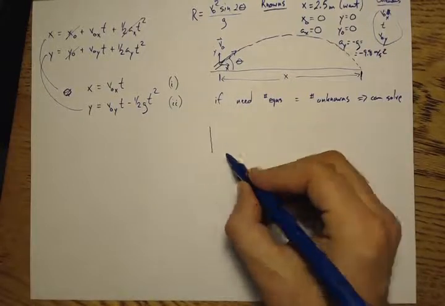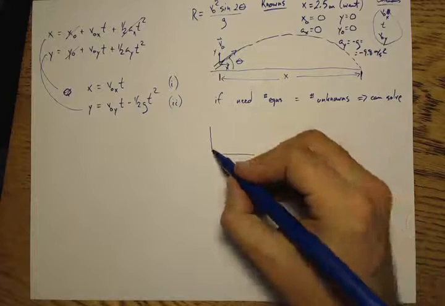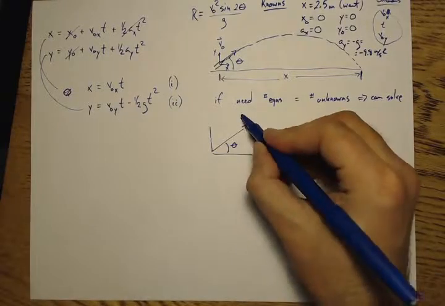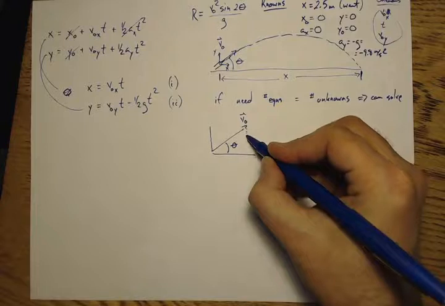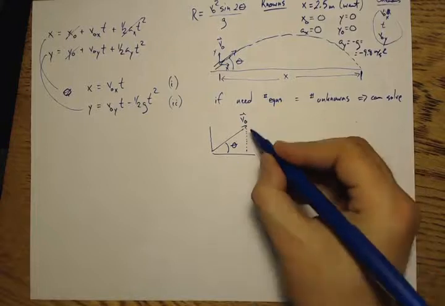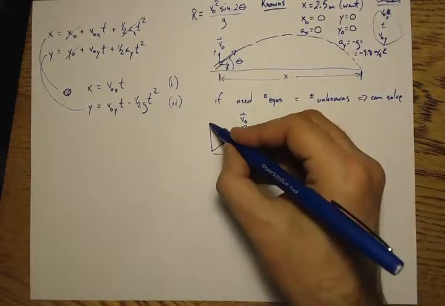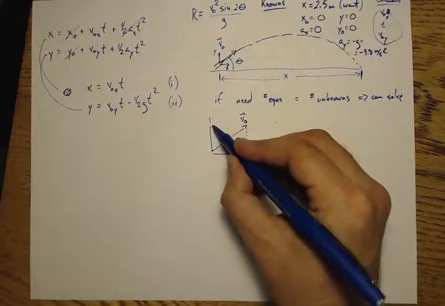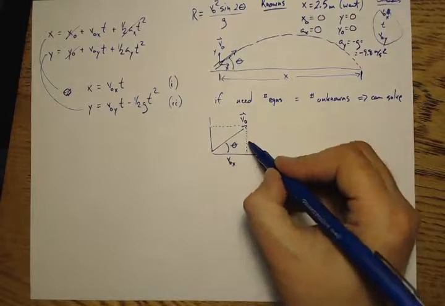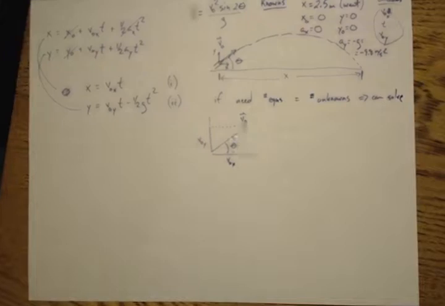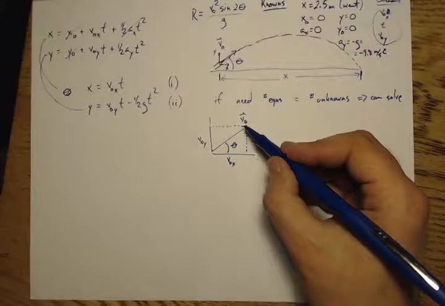If we've got some arbitrary angle theta, and this is V naught, then I know that the x component of V naught is V naught x, and the y component over here is V naught y. And we can just figure out trigonometry, right?